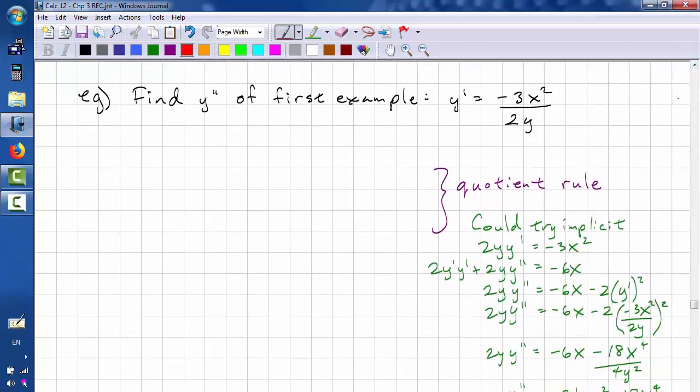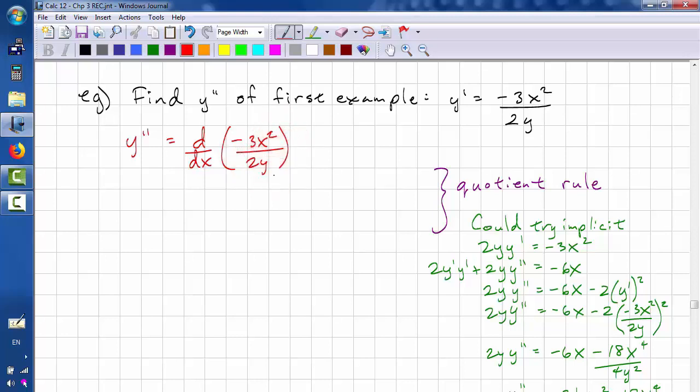Okay, we're going to look at a harder problem. Find the second derivative of the first example. Okay, that was the x cubed plus y squared equals 15. So we'll start off with what we left off with. So we're going to do the derivative of negative 3x squared over 2y.